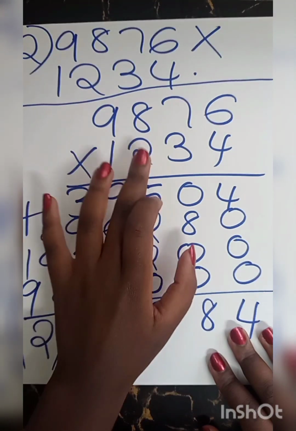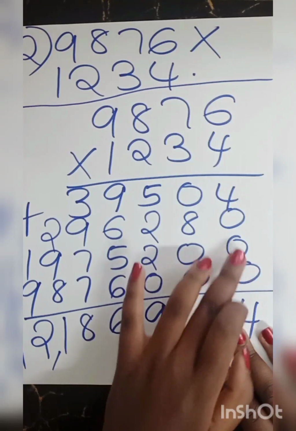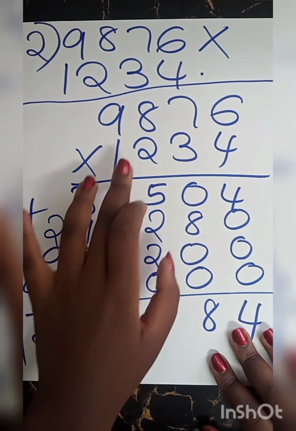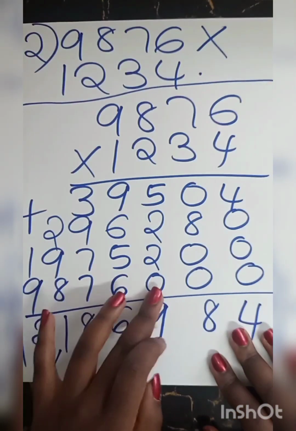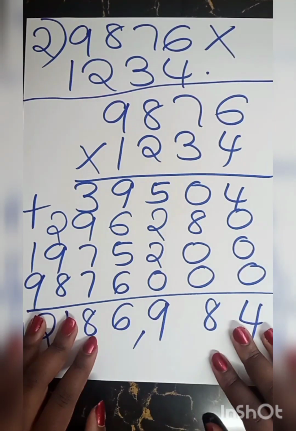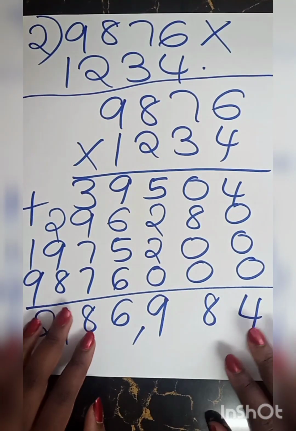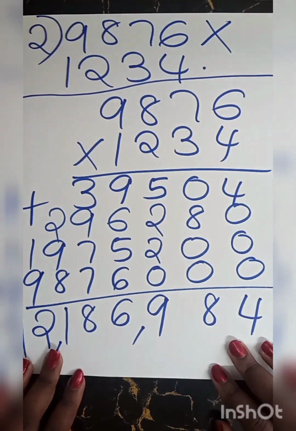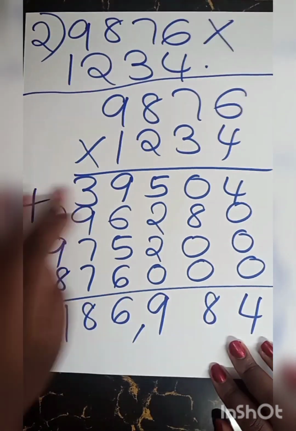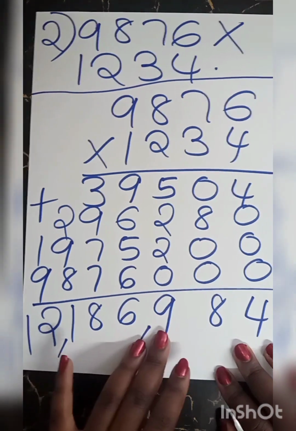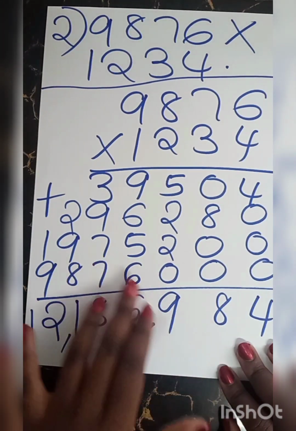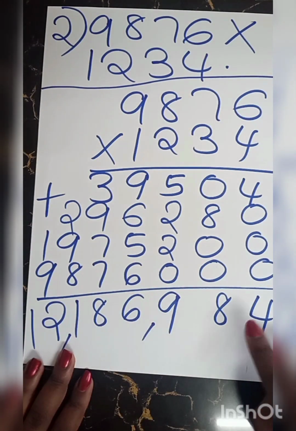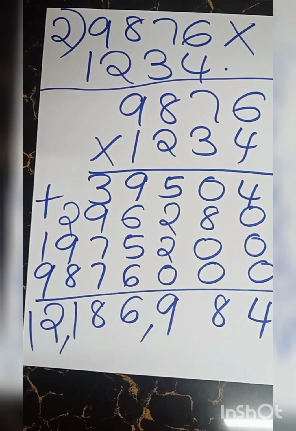When you multiply 2 with this, you get this. And when you multiply 1 with this, you get this. Are we together? And then the last step is to add the numbers that you've multiplied. So when you add this, you get this. This is what you get after you add. So this is the answer to that question. Have you understood? And that's about it.